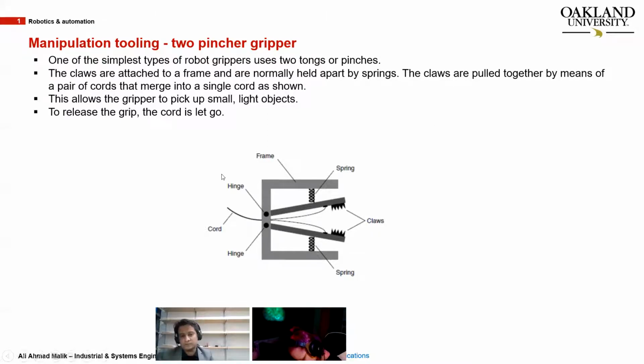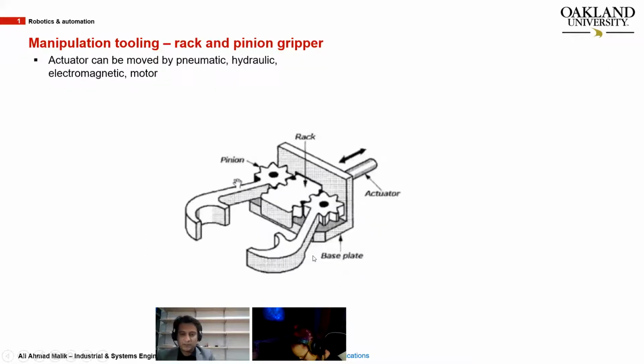This pushing or pulling of the wire can be done through a motor, some mechanism, or maybe a hydraulic method. If they are used in present times, they can be used to pick up small or light objects. So this can be a very simple type of robot gripper.